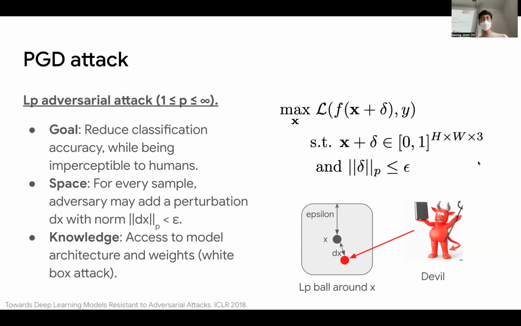And the size of the perturbation should be kept smaller than epsilon in LP norm. So the devil is finding the worst case sample for every x in this epsilon ball defined by the LP norm.